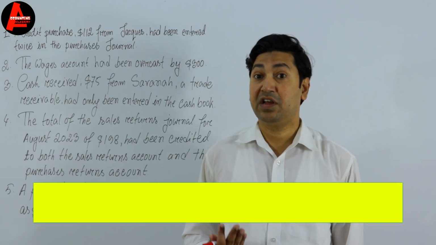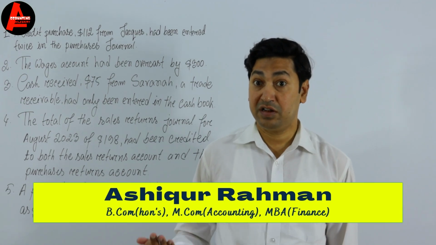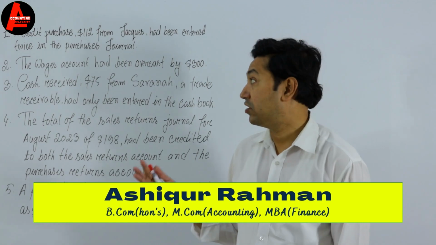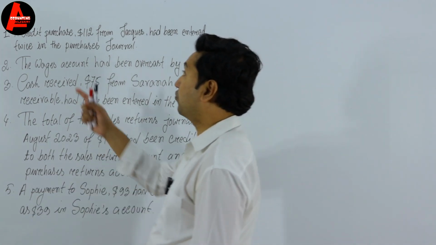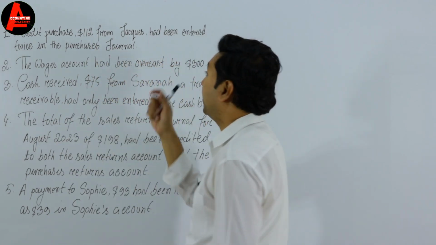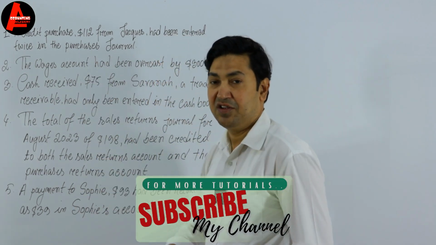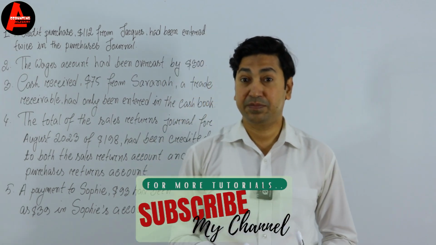Now, obviously, there will be some impact on the gross profit or loss, or on the net profit or loss, yeah? So now here I'll show you what the impacts are. So number one, we see credit purchase $112 from Jacques had been entered twice in the purchases account. What are purchases? Purchases are expense, yeah?